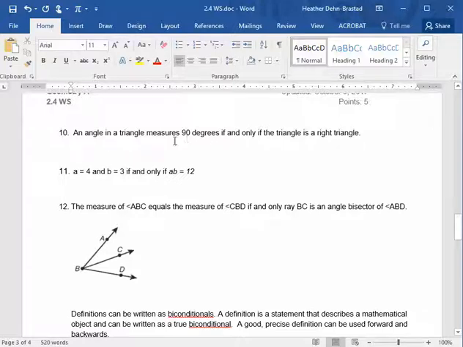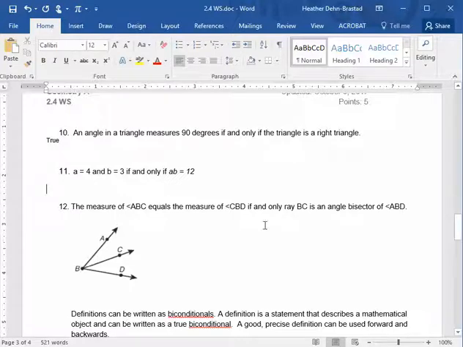That's true as well. So number 10 you're just going to have to type true for this one. You don't have to type anything else. You don't have to find a counterexample because this is the definition of a right triangle. A definition is true both ways. It's a biconditional. And if it's true by definition, then you won't be able to find a counterexample because it's always going to be true.